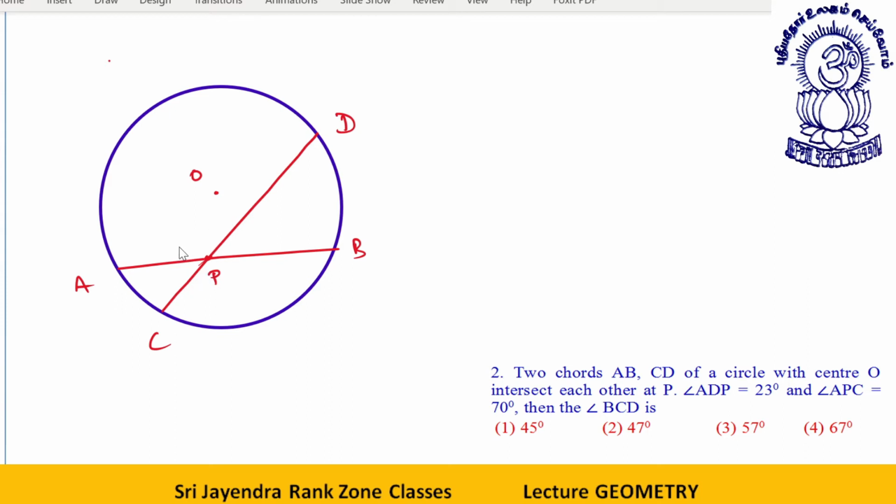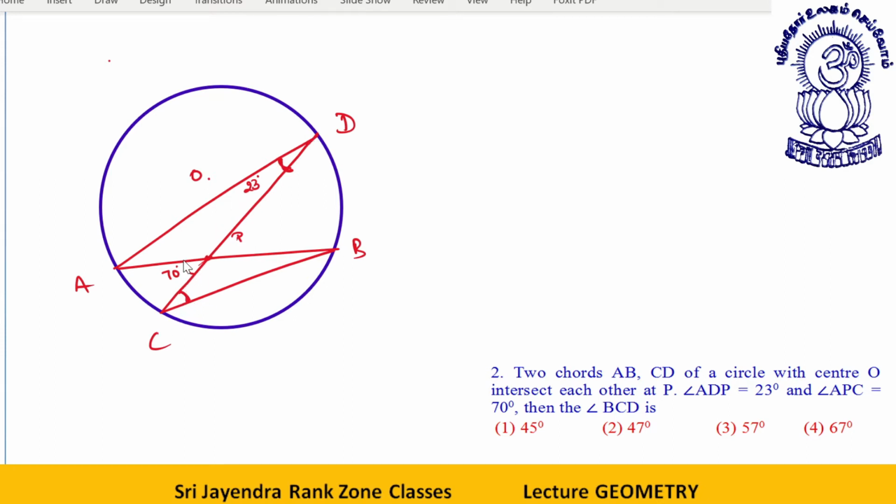Wherever the center is, leave it. This angle is equal to 23 degrees, APC is equal to 70 degrees, and you have to determine this angle BCD.